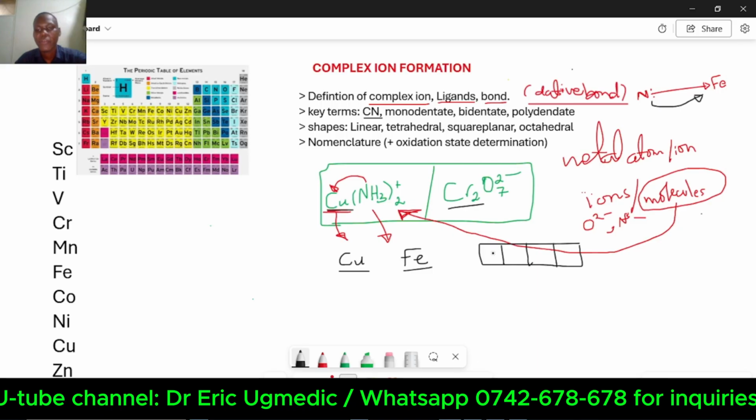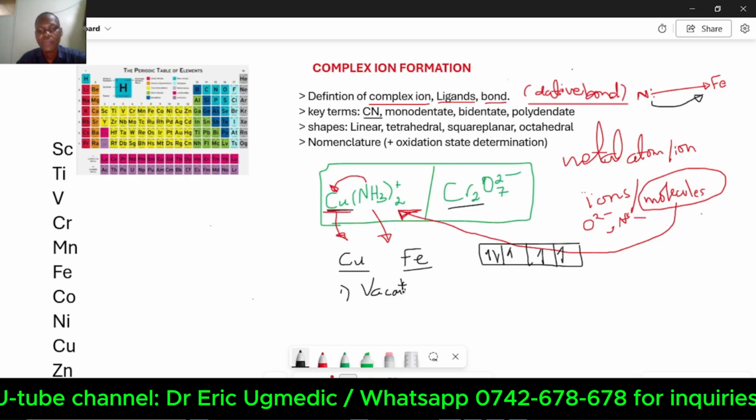Whenever we have these vacant d orbitals, they can accept lone pairs of electrons from other atoms, so that they form a complex.